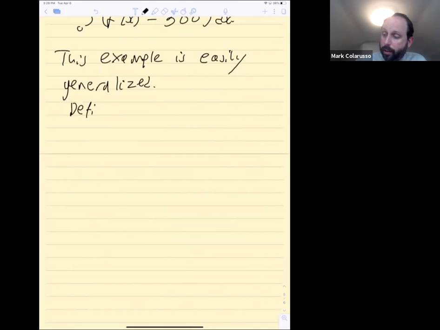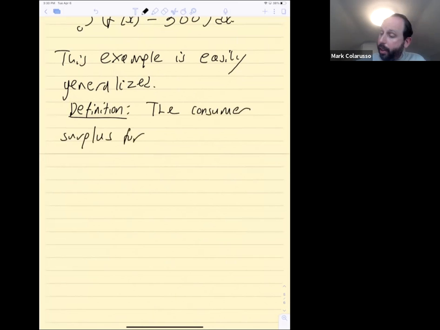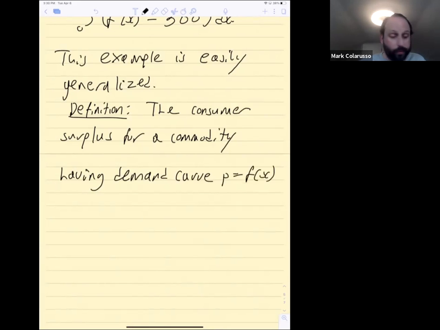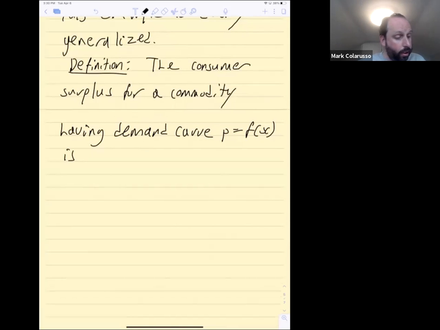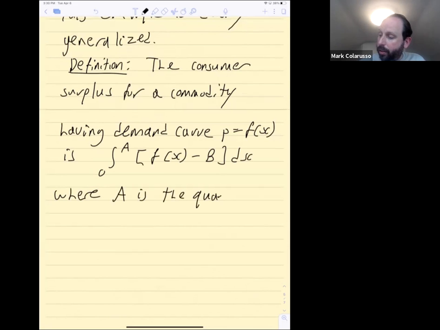So, definition: the consumer surplus for a commodity having demand curve p equals f of x is the integral from 0 to a of f of x minus b dx, where a is the quantity sold or demanded at price b equals f of a.